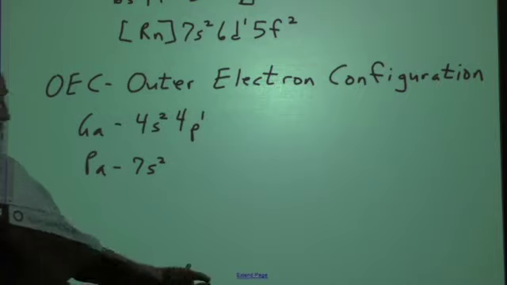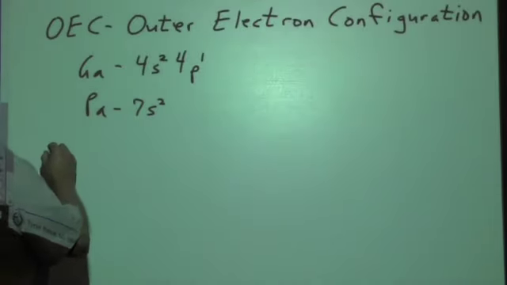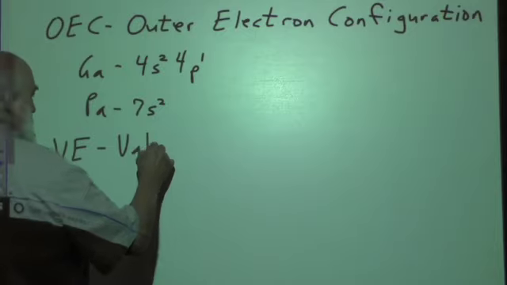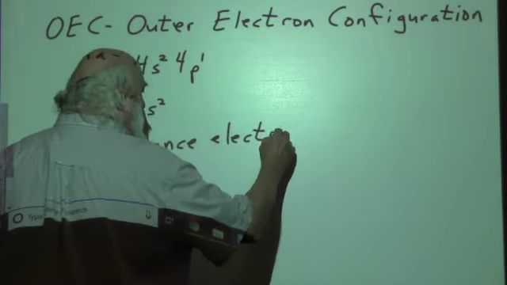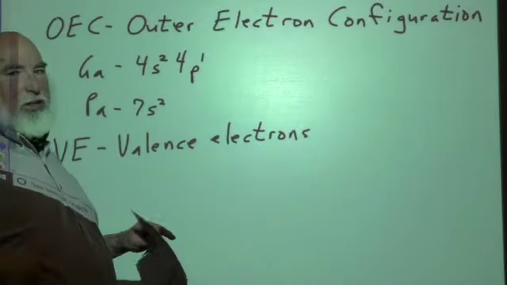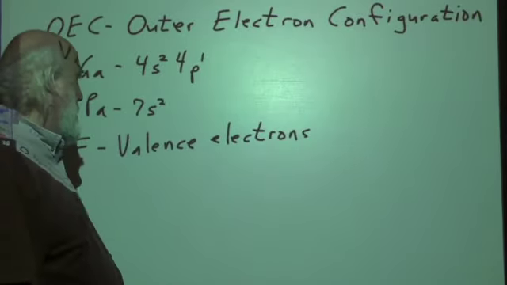The last bit of information is the number of valence electrons, which we call VE. VE stands for valence electrons. And we're going to be looking for how many of those valence electrons. This is big. This is the one that determines how atoms react with each other.